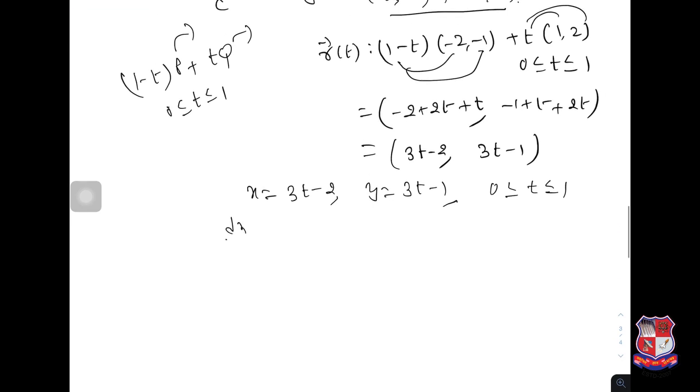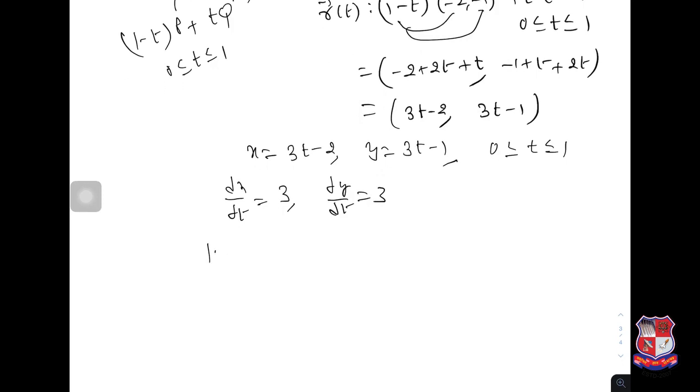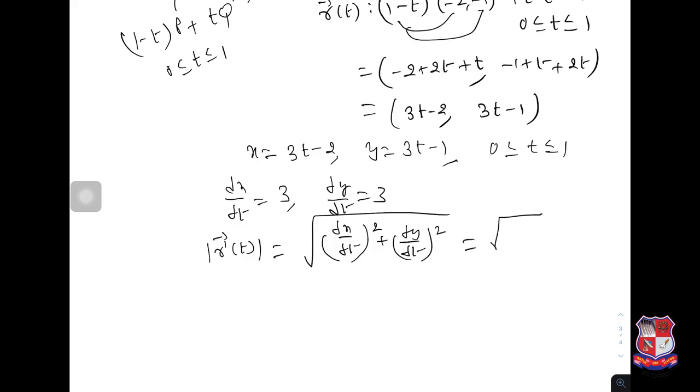Now dx/dt is 3, dy/dt is also 3. So the magnitude of r'(t) is the square root of (dx/dt)² + (dy/dt)², so that is the square root of 9 + 9, which is root 18, so it is 3 root 2.